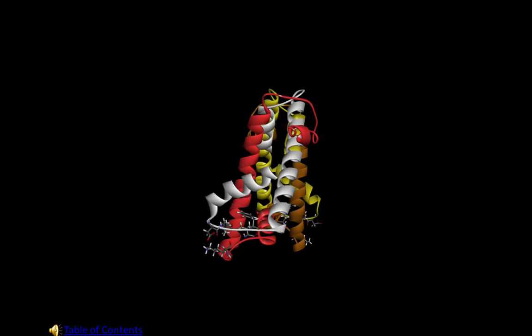Now we can see, on the left, the salt bridge between aspartic acid 81 of histone subunit H3 and lysine 79 of histone H4. On the right, we find a hydrophobic bond between phenylalanine 84 of H3 and valine 81 of H4. Let's take a closer look.